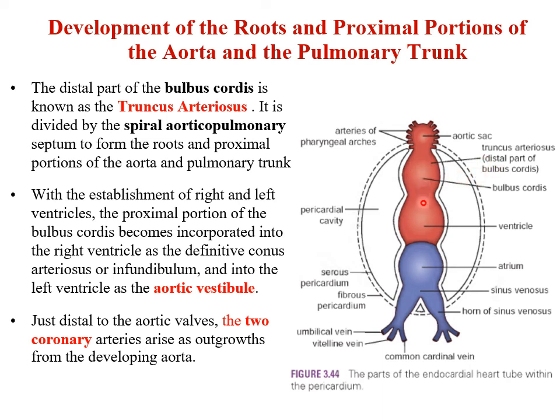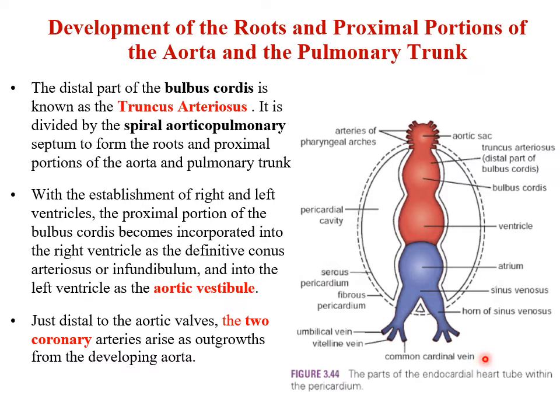Coming here are the future ventricles, and in the sinus venosus we have the future atria. Here are the two horns of the sinus venosus, right and left side, and attached to it are the umbilical veins, the vitelline veins, and the common cardinal veins.